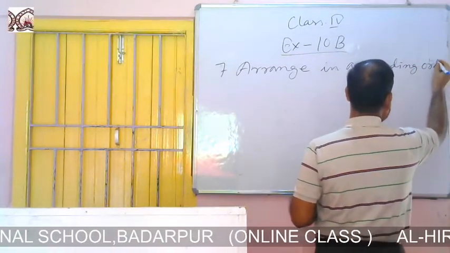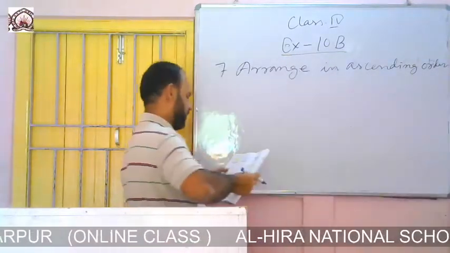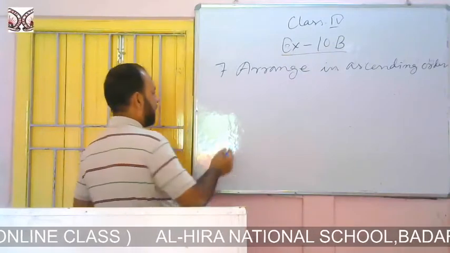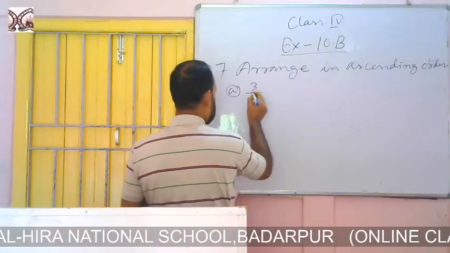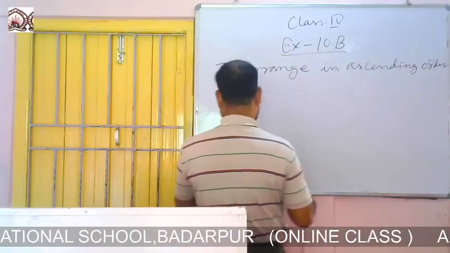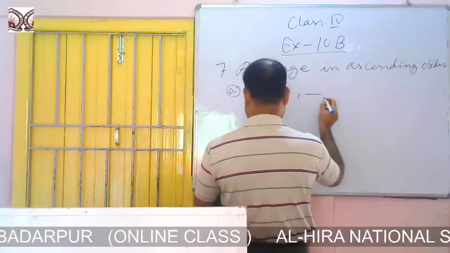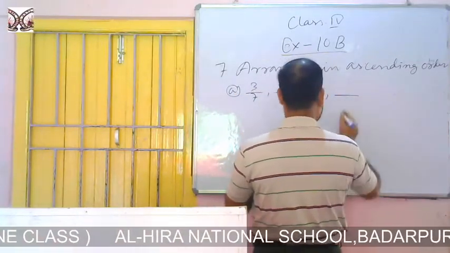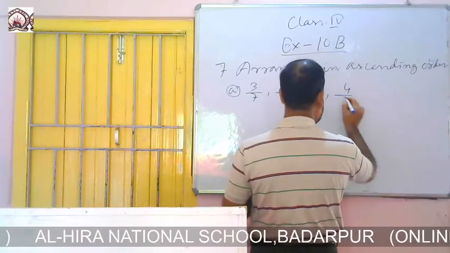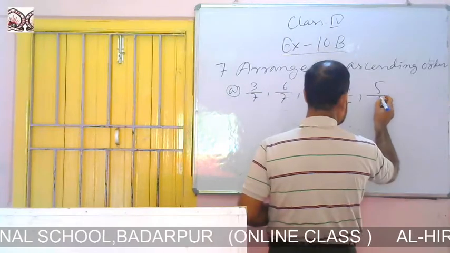So first, question A: 3 by 7, 6 by 7, 2 by 7, 4 by 7, 5 by 7.